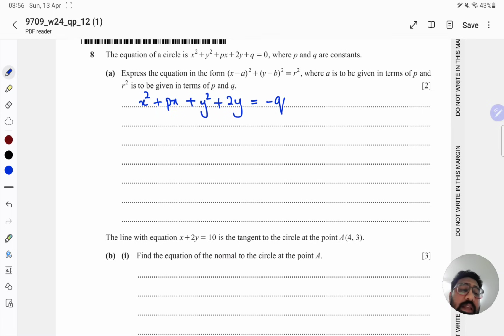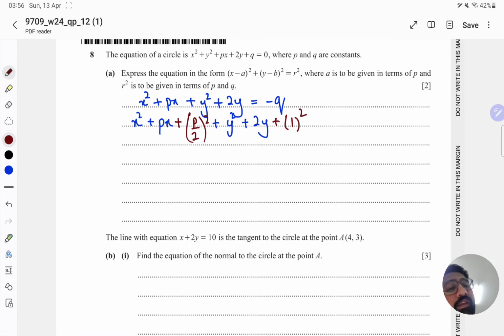To make the x terms together, y terms together, then apply completing the square for the first one. It is px, and half of the coefficient of x is p by 2, so p by 2 whole squared. Similarly y squared plus 2y, and the coefficient of y is 2, so plus 1 squared.